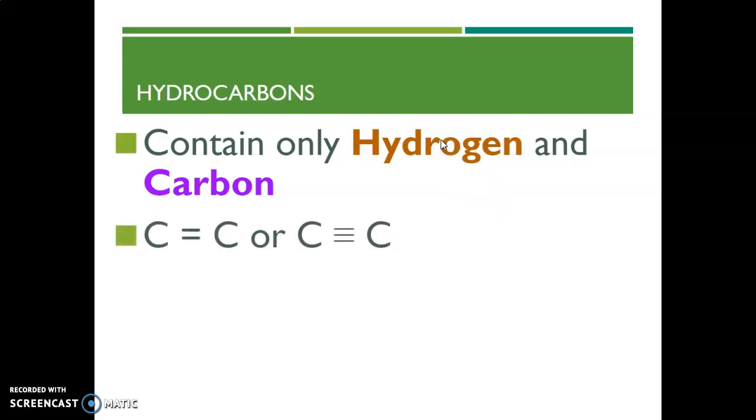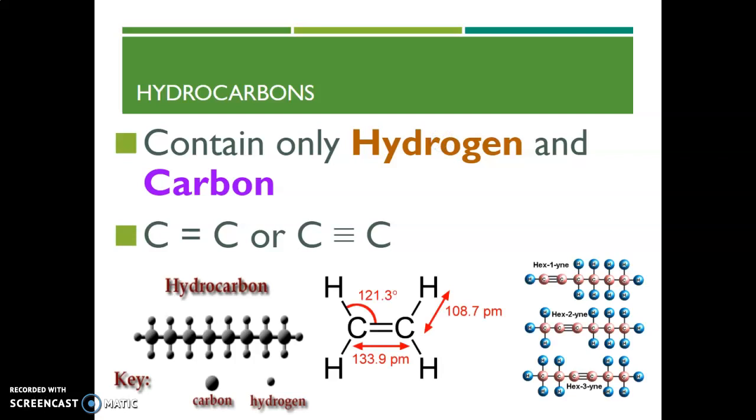Now, a hydrocarbon can contain single, double, or triple bonds. It can also have rings, and we're going to talk about those in another lesson. But here are some examples. In this first one, you can see that these are all single bonds. This one is showing you the double bond between the carbon and carbon.